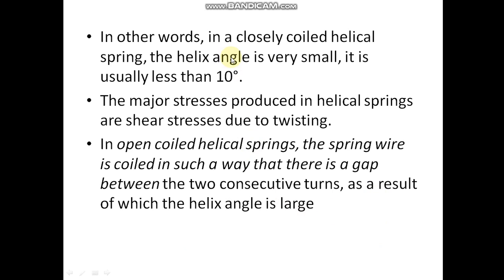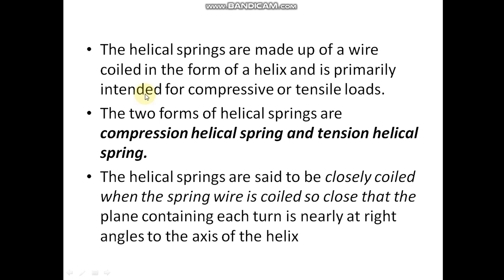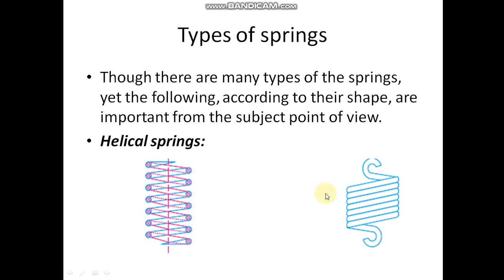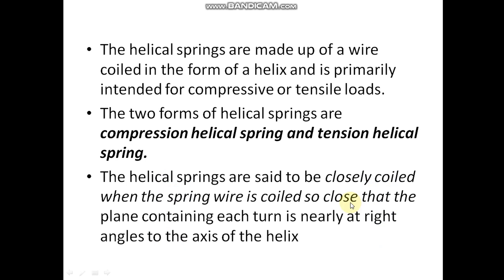In other words, in a closely coiled helical spring, the helix angle is very small and it is less than 10 degree.